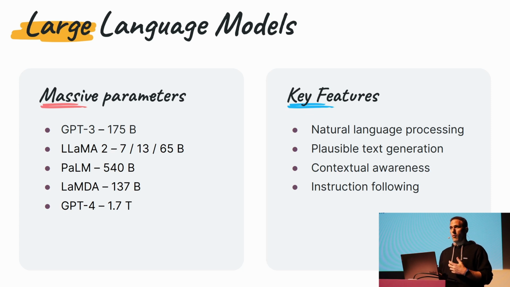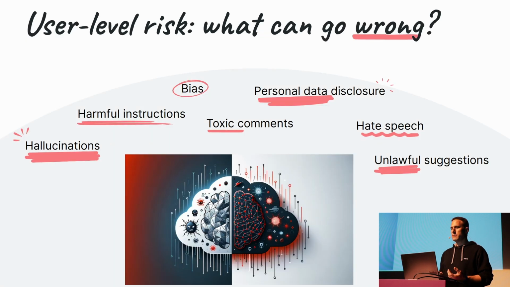Okay, so what are the risks? What do we intuitively see as risks when using those language models? Many of those risks are already known if you have heard the news, if you have played with those language models, if you have interacted with ChatGPT. You know about the bias that they can show in the output they provide. You know that they can produce dangerous output, hate speech, unlawful suggestions.